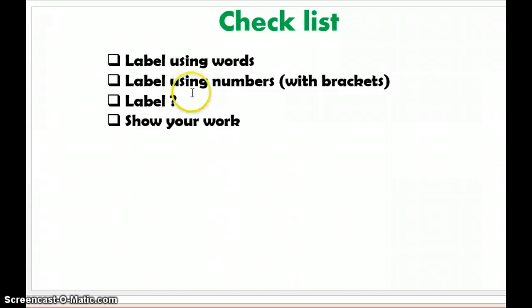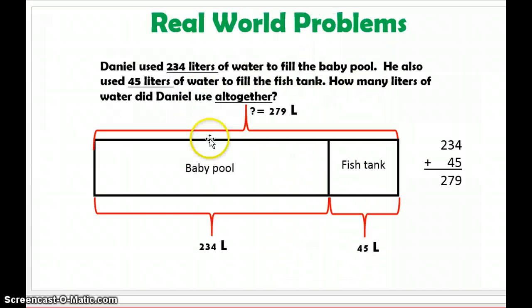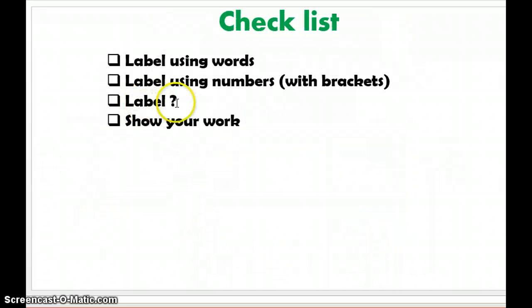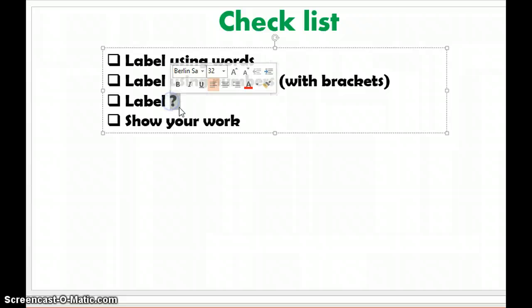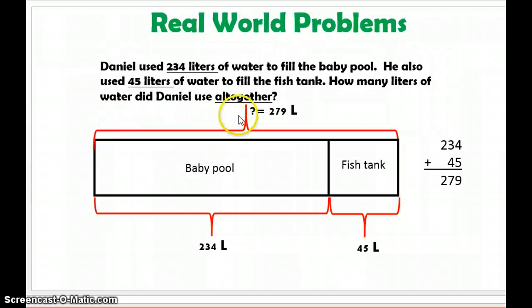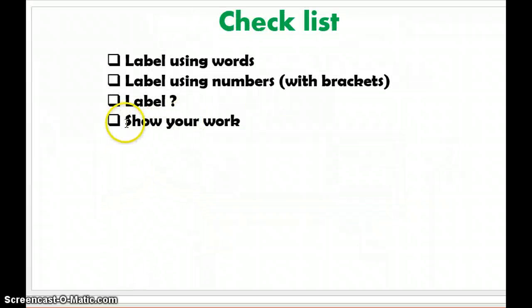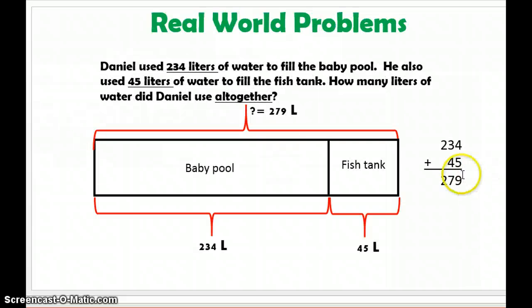You should label using numbers with brackets. For example, here we have the brackets with the number labels. And you should also label the question mark. Here was our question mark. And then finally, you should always show your work. How did you solve it? Did you add? Did you subtract? In this case, we added to solve the problem.